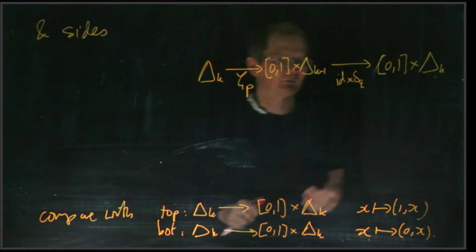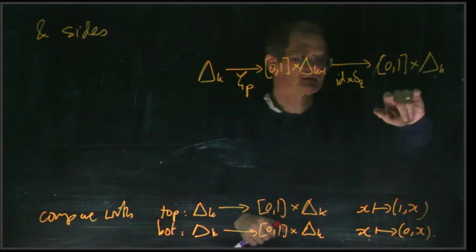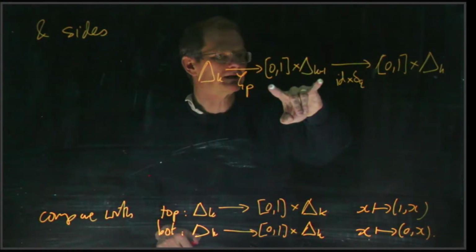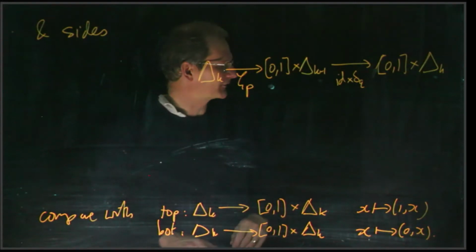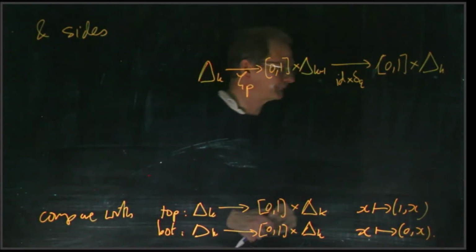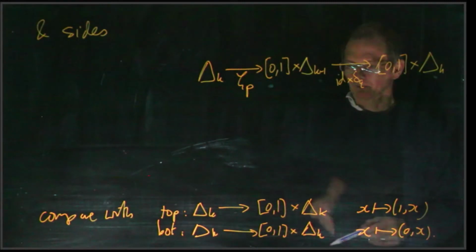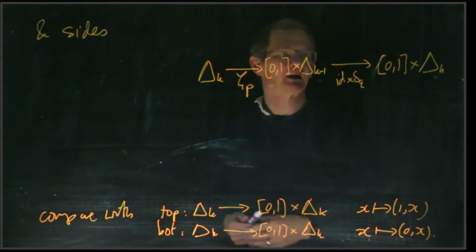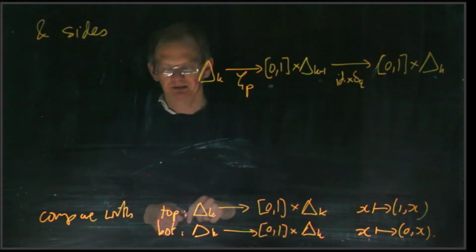In the case that we drew previously, this guy would be a prism. These guys are the square faces of the prism, and each square face gets divided into two triangles, which are given by these maps zeta p here. Okay, so these are some maps from delta k into 0, 1 cross delta k that we might want to compare with.